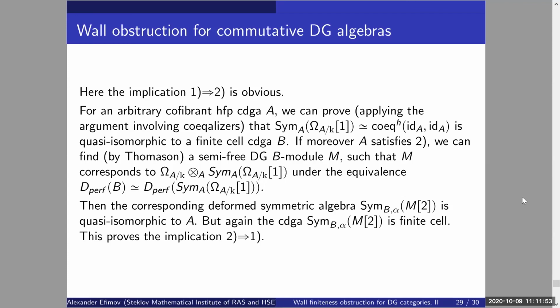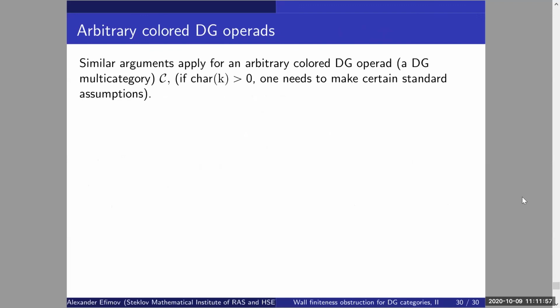And in fact, the same works for an arbitrary colored DG operad, and I just formulate this very briefly. I don't have much time, and I don't have many more slides actually. If you take any colored DG operad, you can think of it as a small DG multicategory, and you impose the standard assumptions for the symmetric group actions if the characteristic is positive.